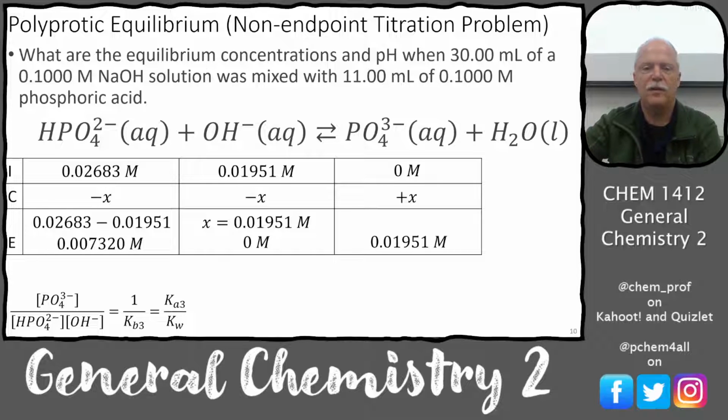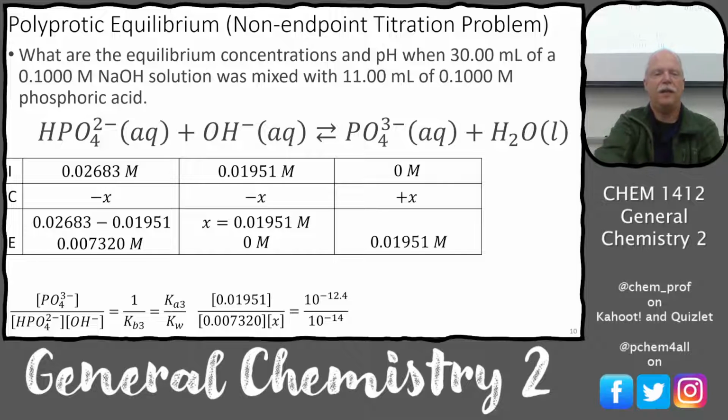So this is the reverse of that base reaction. Now we're using the third Ka. So pKa for this guy here was equal to 12.4. And so now we know all of these.